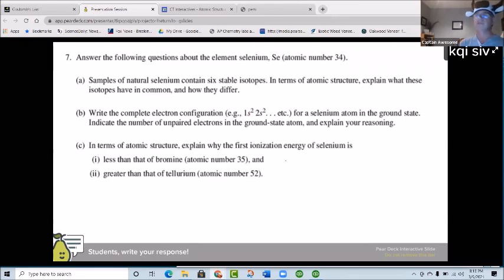The reasoning for the number of unpaired electrons, Daniel Kelly from Carroll, is basically you just want to say how many electrons there are. So selenium would be 4p4. Basically you're saying there's 4 electrons in the p sublevel. The p sublevel has 3 orbitals.